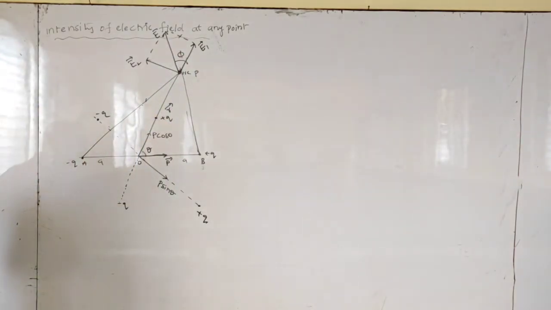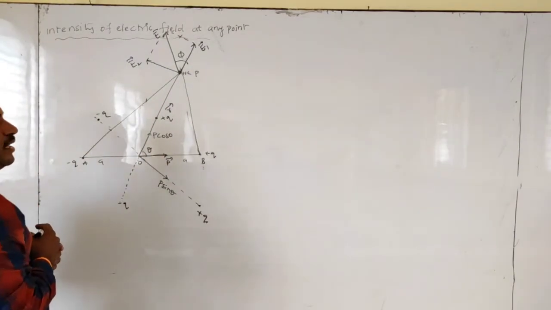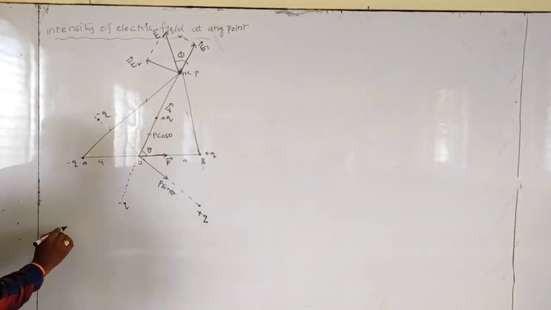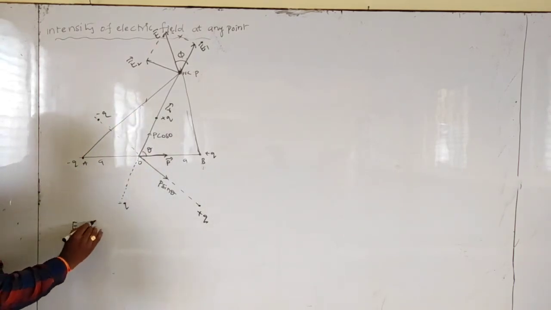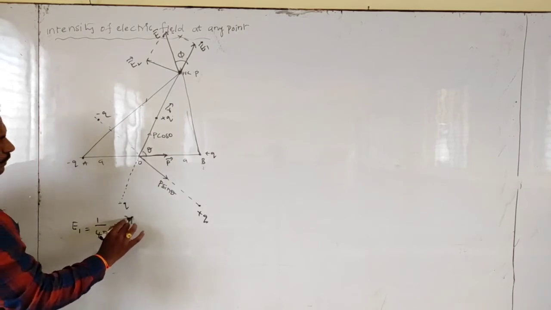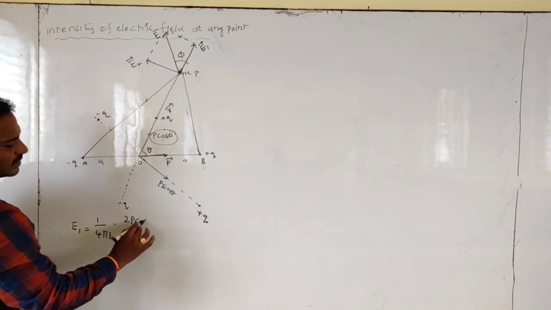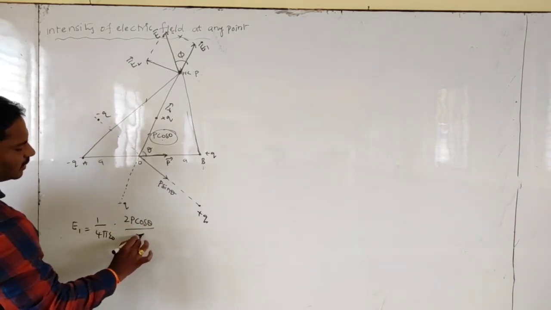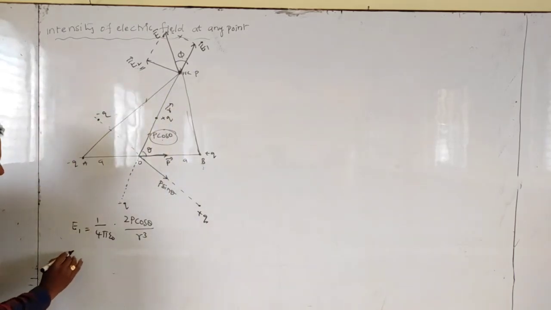First we are going to find E1. The intensity of electric field E1, as it acts on the axial line, is 1 by 4 pi epsilon naught times 2p, where in place of p we take p cos theta, by r cube.